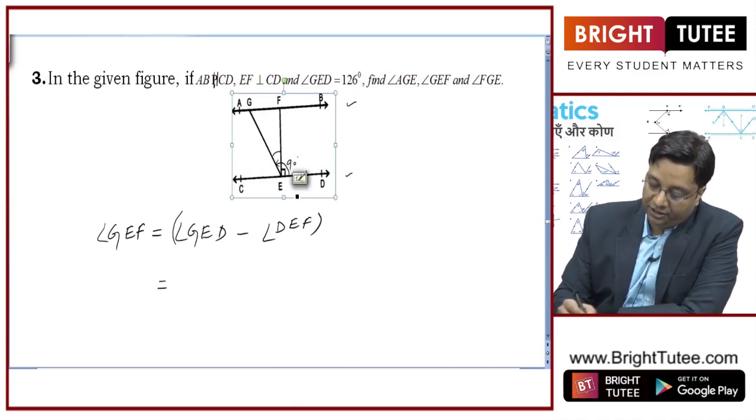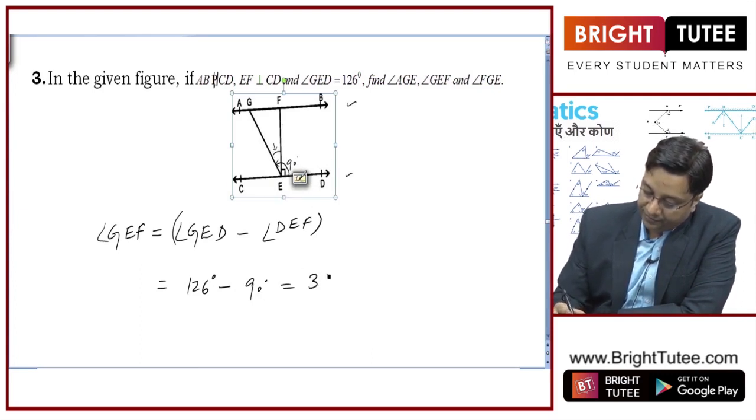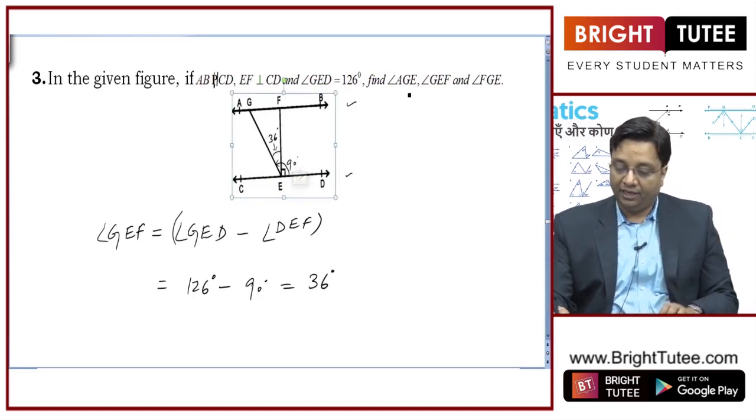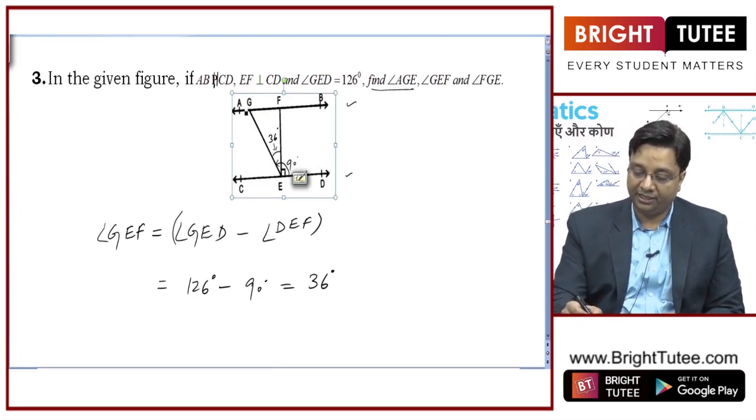Right? What is angle GED? It is given as 126 and what is angle DEF? It is 90. So angle GEF, that is this angle, will be 36 degrees. And I also need to find angle AGE. So angle AGE is this one.